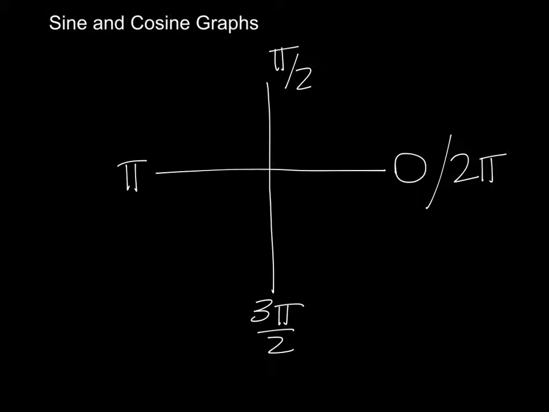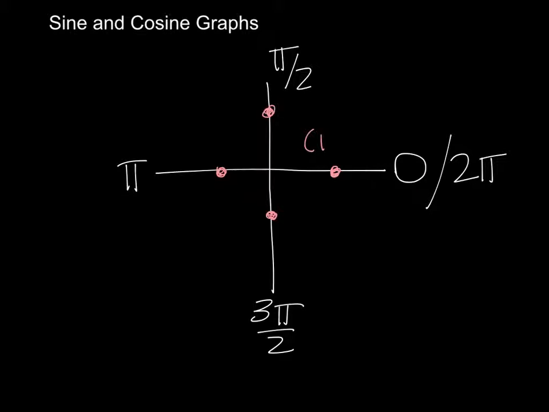Well, then the next thing we learned was that if we had an angle that ended at one of these places on the x or the y axis, we would find the sine and the cosine values by placing a point one space away from 0.